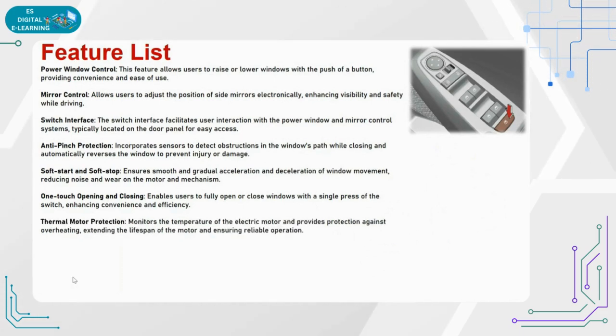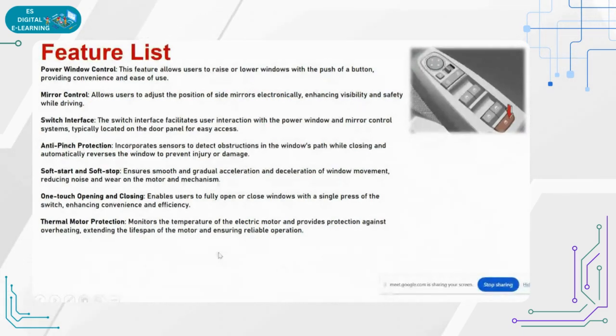And thermal motor protection. This is related to heat, whenever more heat comes when you are operating the windows continuously, moving up and down. Whenever continuous voltage is supplied, how does the ECU stabilize, how is the microcontroller able to withstand the temperature, whether we can operate at high temperature or low temperature.